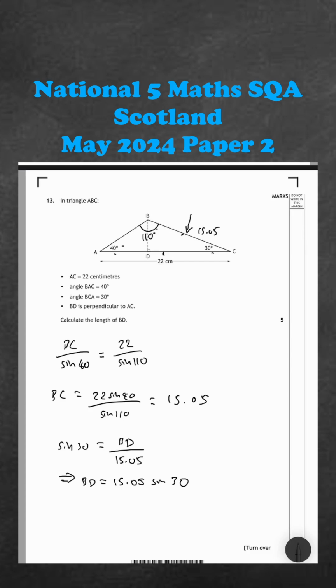And if you know sine 30 is a half, I'll do it anyway on my calculator to be sure. So 15.05 times sine 30 should just be half of 15.05. It is indeed 7.525, so 7.53 centimetres. And in fact, I'm just going to write this as 7.5 centimetres, as the other numbers in the question are given to two significant figures as well.